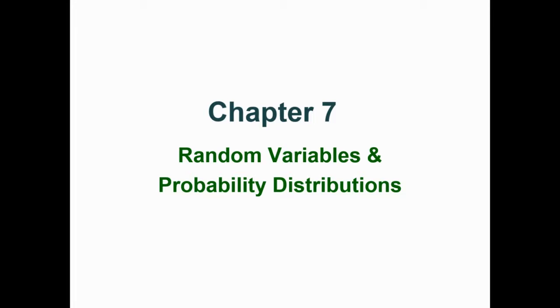Okay, chapter 7. Chapter 6 looked at probability. Chapter 7 is going to look at random variables and probability distributions. So we're taking probability and kicking it up a notch.